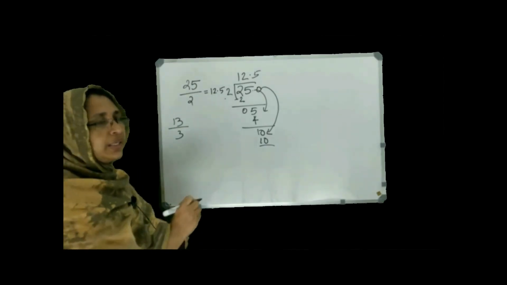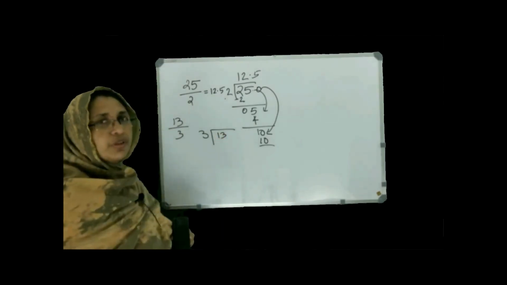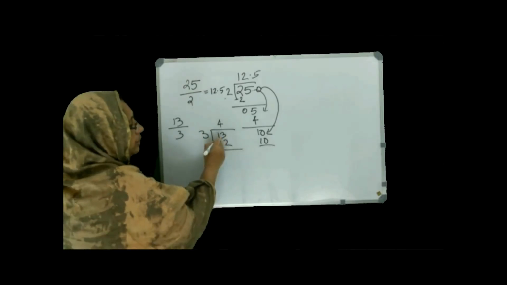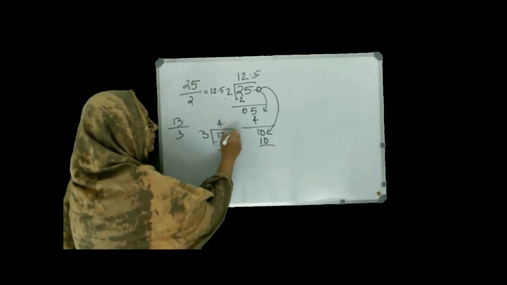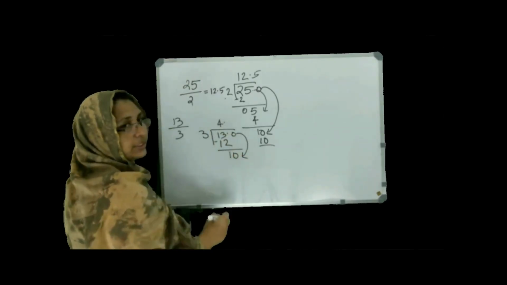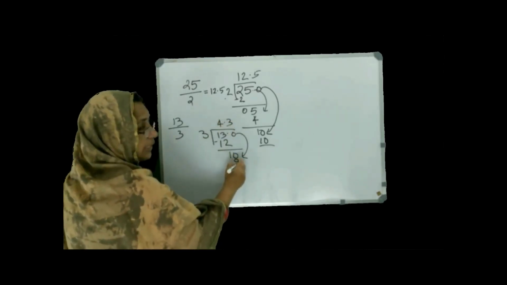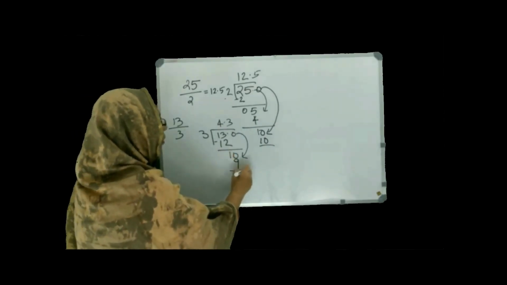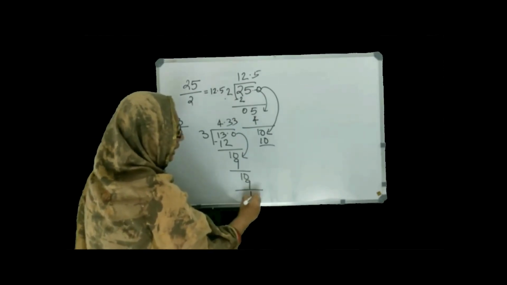Another example, 13 divided by 3. We know 3 fours are 12. Subtract, 1. 1 is less than 3. Put decimal. 0 comes down, 10. 3 threes are 9. Remainder 1. One more 0. 3 threes are 9.